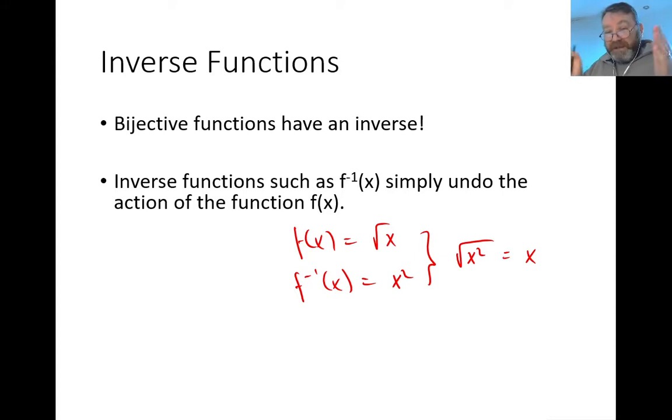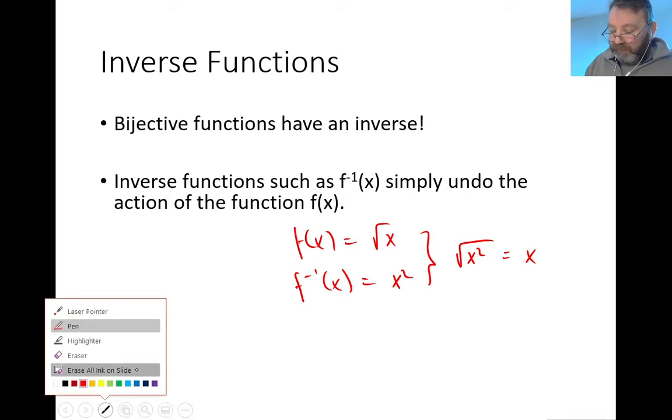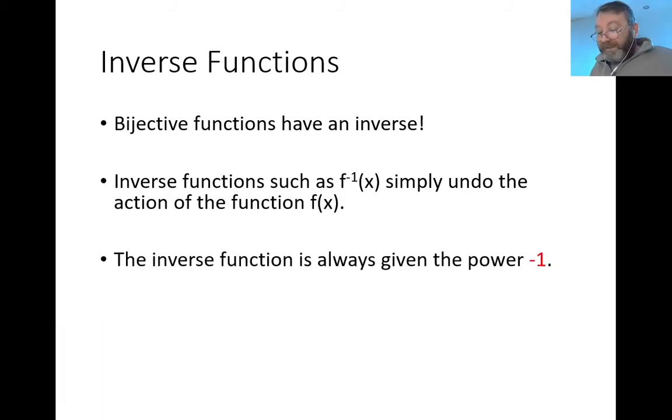You simply manipulate the formula to get x on its own. Okay, and I'll do an example of that in a moment and show you exactly where we get this from. So the inverse function is always given the power minus 1. So if f of x is the original function, f minus 1 of x is its inverse. Okay, and just keep that in mind. The minus 1 means the inverse.